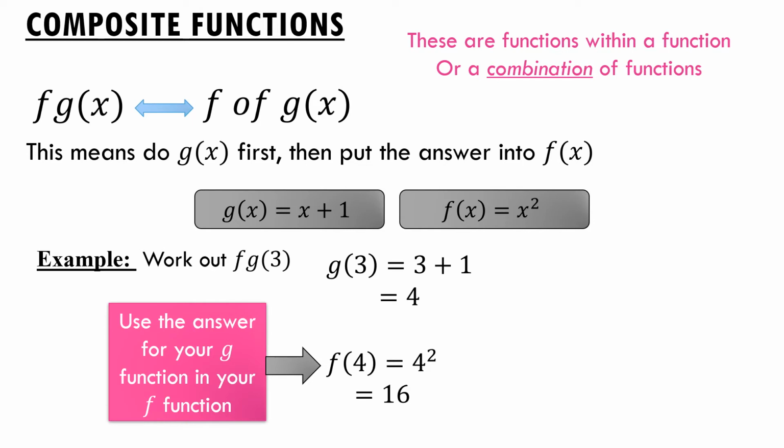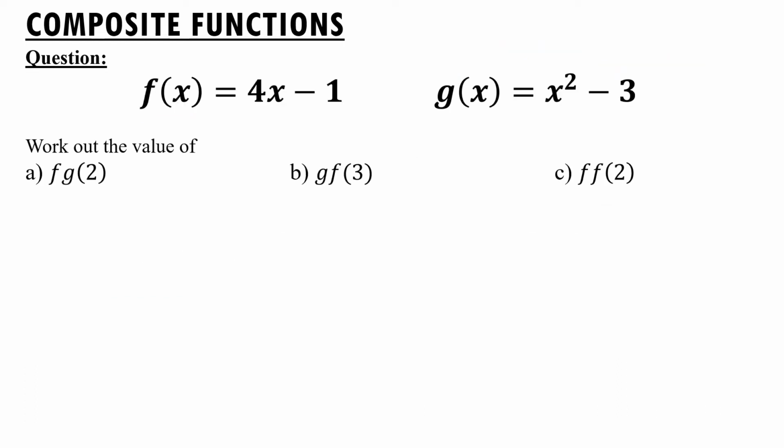Basically my g value becomes my new x value for my f function. It's a bit complicated, but the more you do it, the more practice you get, the better you'll be at it. So let's have a look at 2 more questions.